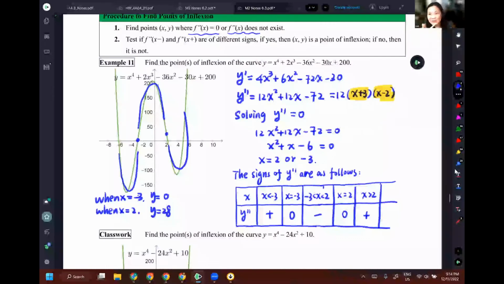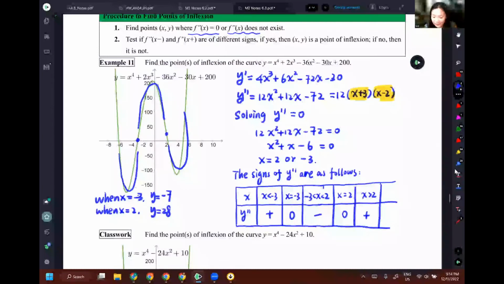Anyway, let me check if the negative 3 is correct. 81 minus 2 times 27 minus 36 times 9 plus 90 plus 200. Negative 7, not 0, negative 7. Again, it's very close.